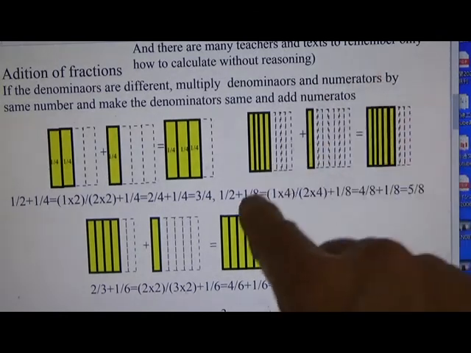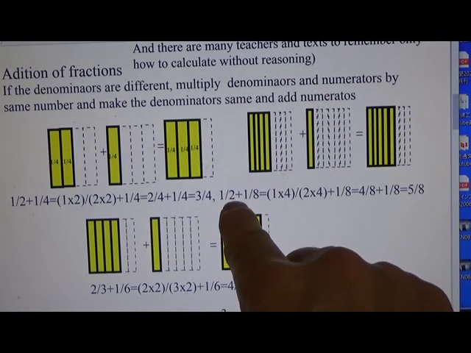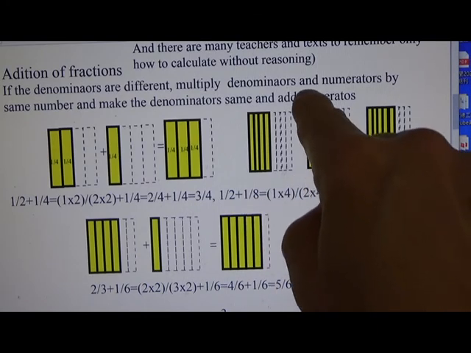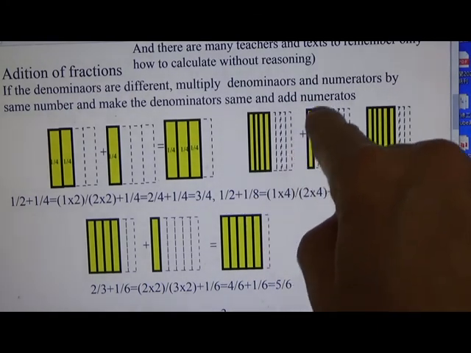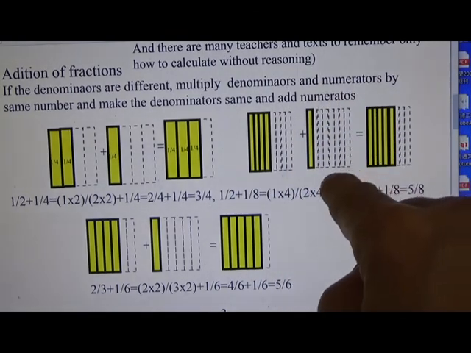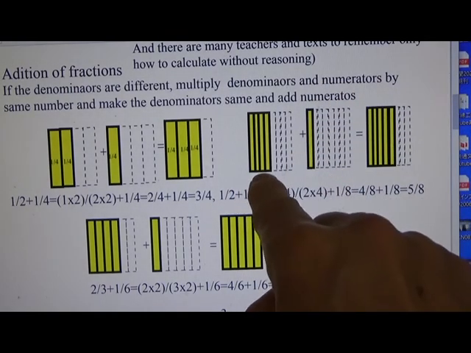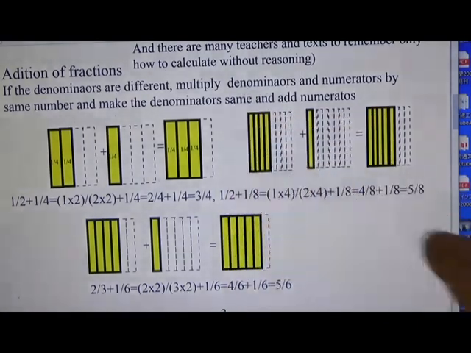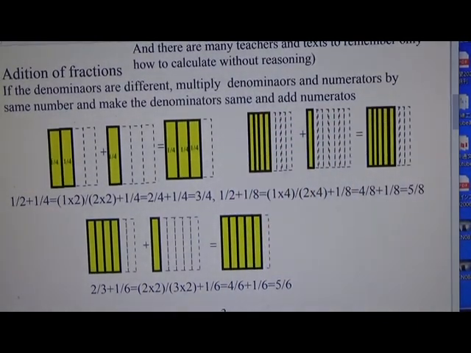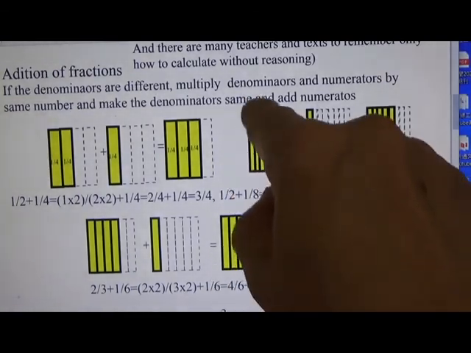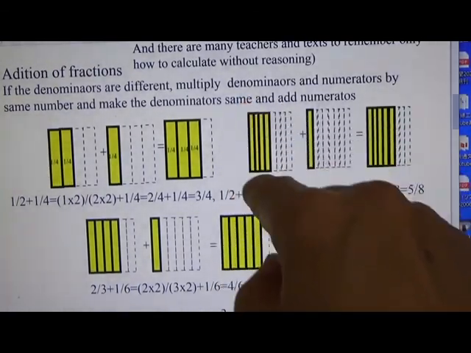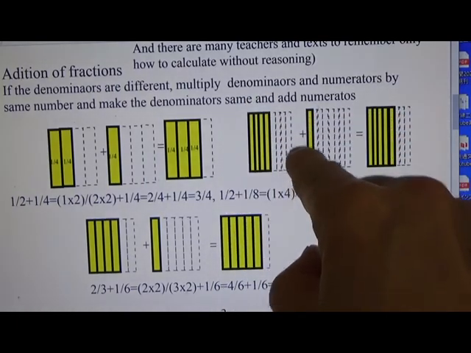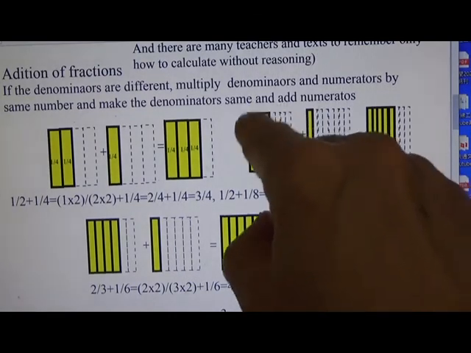Nearly the same thing happens. 1/2 plus 1/8. This yellow part is 1, 2, 3, 4, 5. This is quantity 1 and 1/8. This is also a yellow part. A single yellow part is 1/8, and these 4 yellow parts total half.